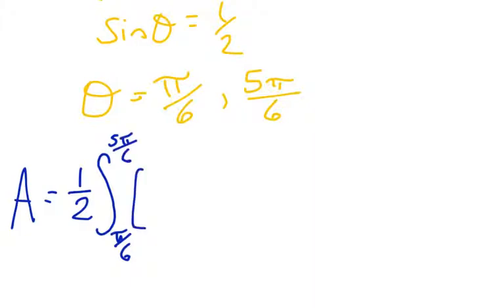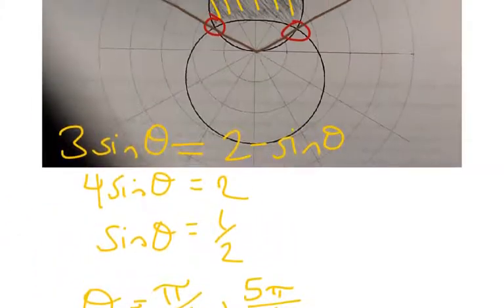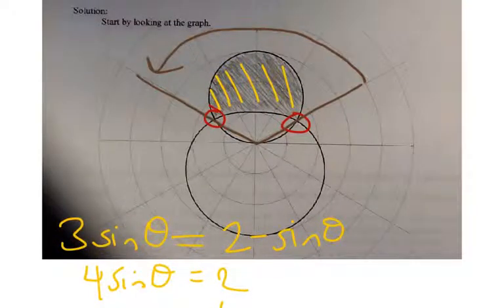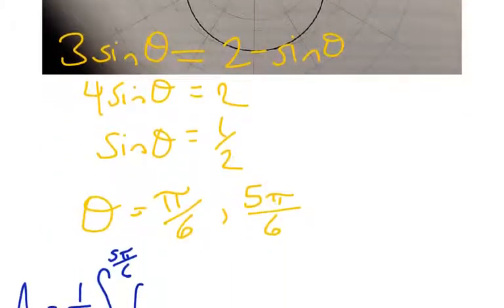Then we have the outer function, the one that's further away from the pole. I didn't mention which one it was: the outer function is this one here, given by r equals 3 sine theta. So that's the one we use first.